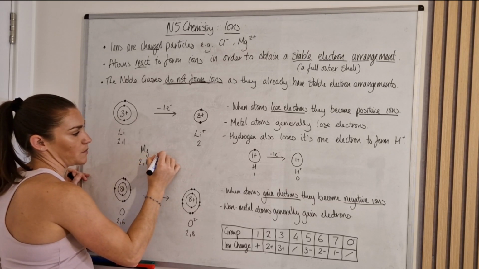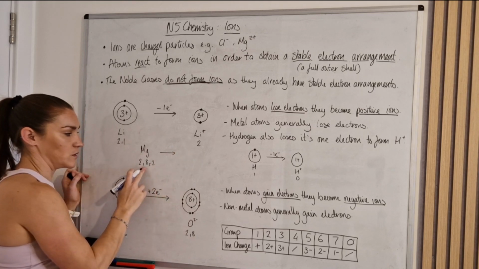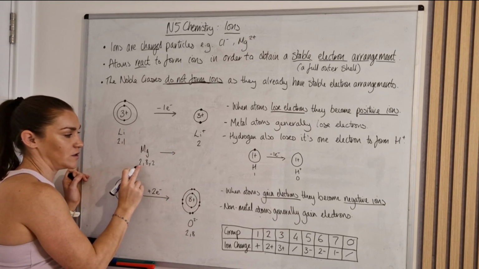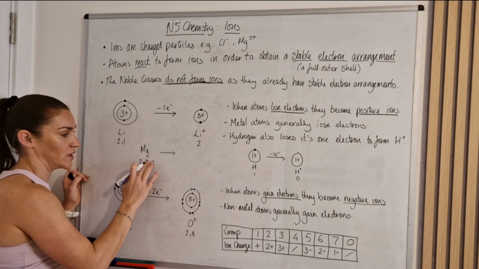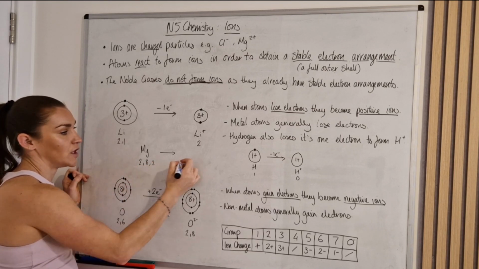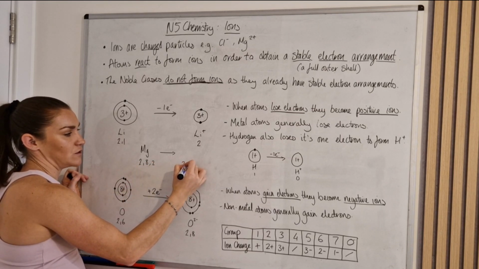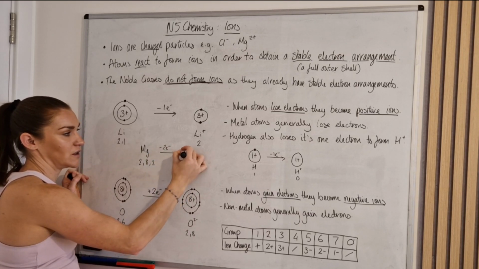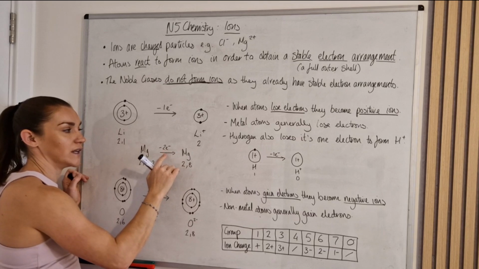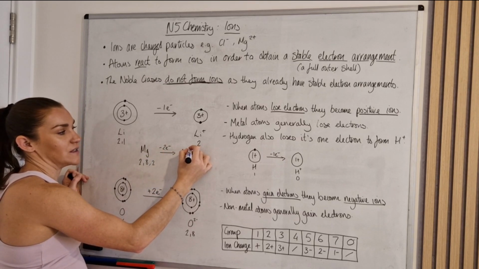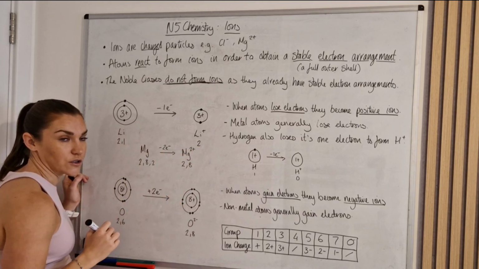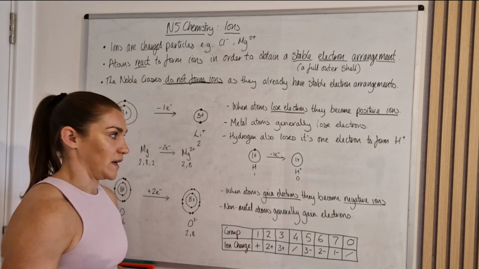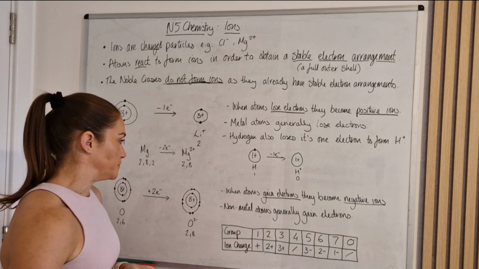Its possible stable electron arrangements would be 2,8 or 2,8,8. But going to 2,8 involves the transfer of the least number of electrons, so it will lose 2 electrons. Because it's lost 2 negative electrons, it ends up with a 2 positive charge. For every 1 negative electron that's lost, there's 1 extra positive charge on the ion.